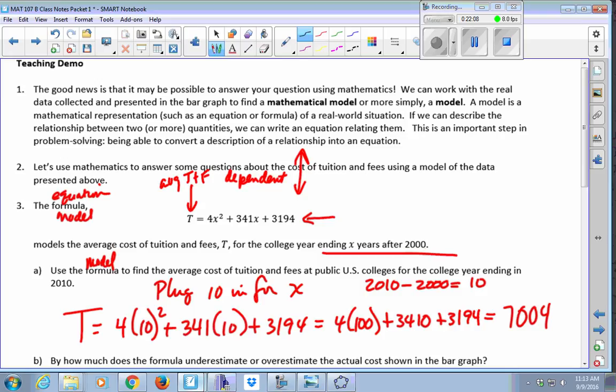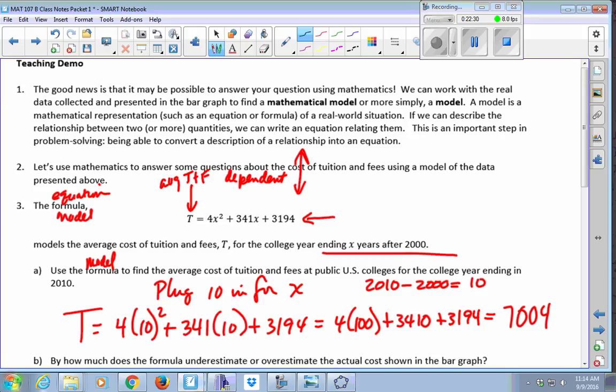Okay. So when you use a model or an equation and you're being asked to find something, it's really critical that your answer, your full sentence, describes it as an estimate or a prediction, because it's not the actual data itself.